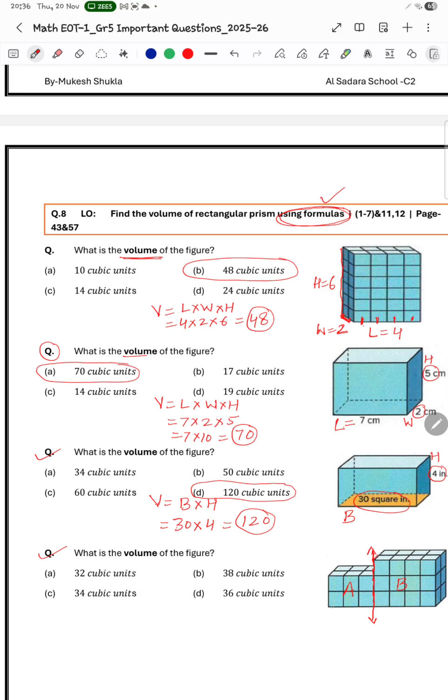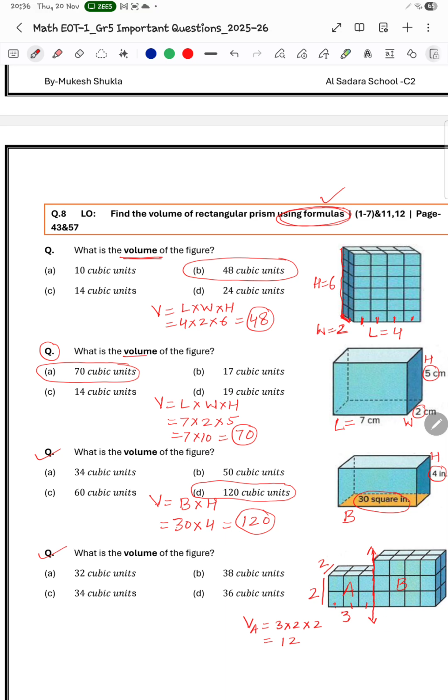Here 1, 2, 3. This will be 3. This will be 2. And this will also be 2. So volume of block A will be 3 times 2 times 2, which will give you 12.